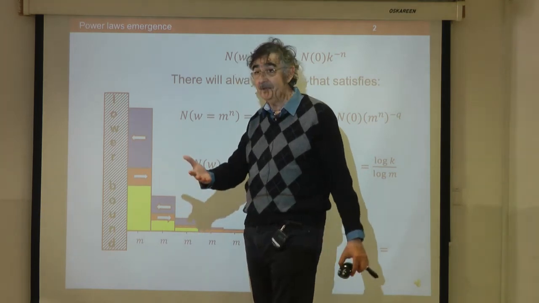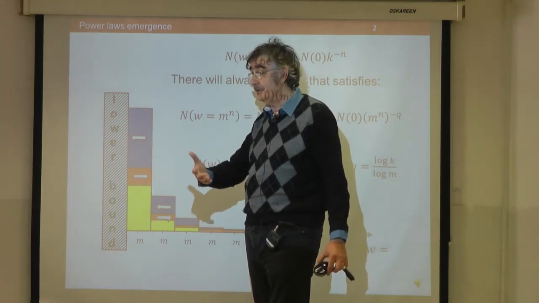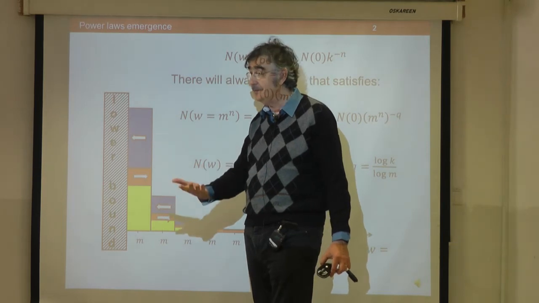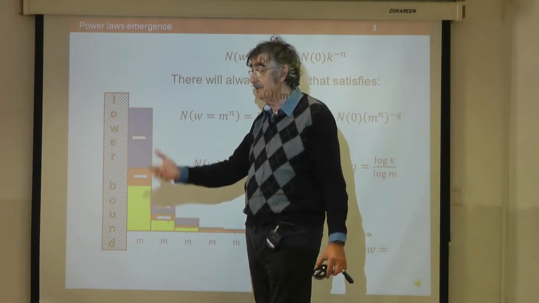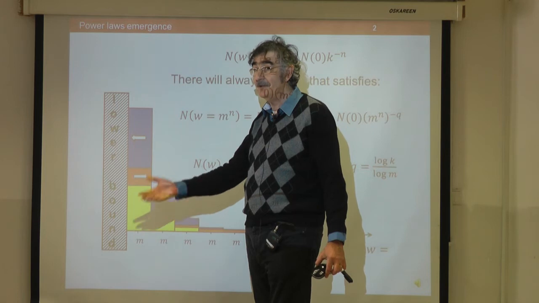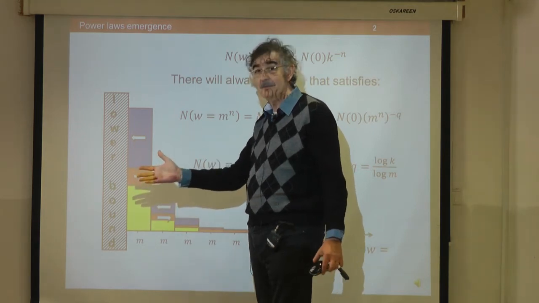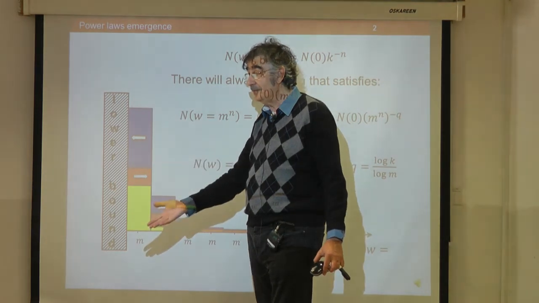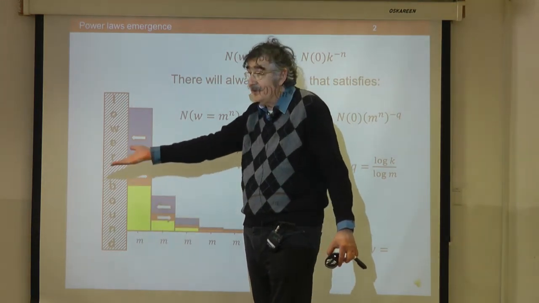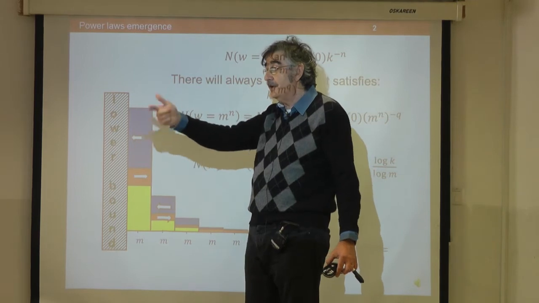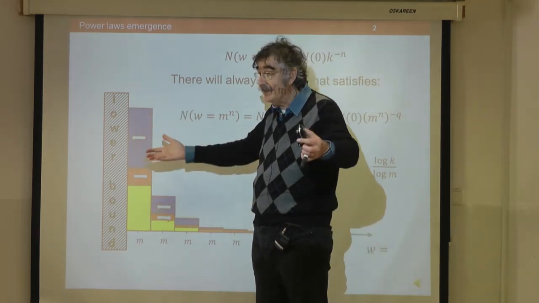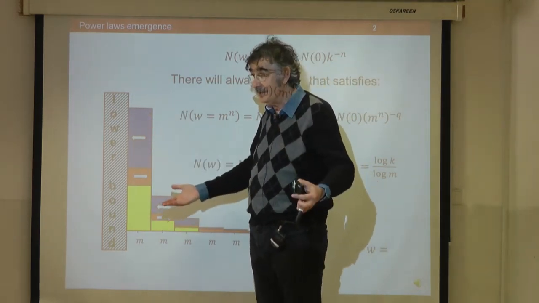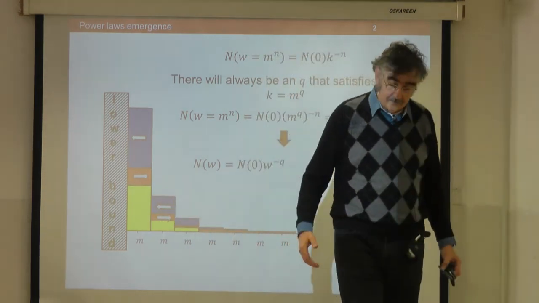And this is why I'm spending such intensive effort to transmit it to you, because I know for sure that it will be relevant to almost any field of interest, in particular for the number of times that a particular word appears in a text. That was one of the first applications of power laws.